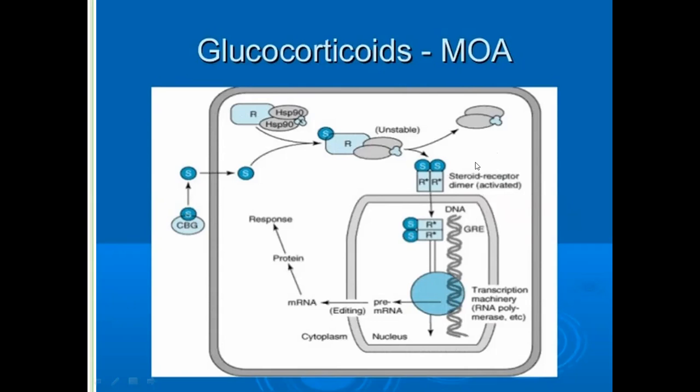So they bind to the steroid receptor. After that, it produces DNA transcription. You must have studied the processes of DNA transcription and translation in 12th biology. So they produce DNA transcription.